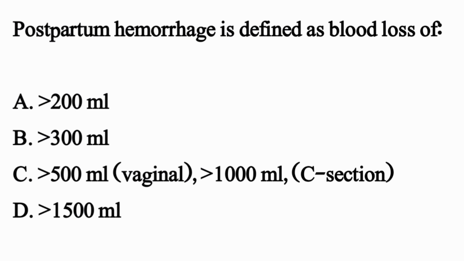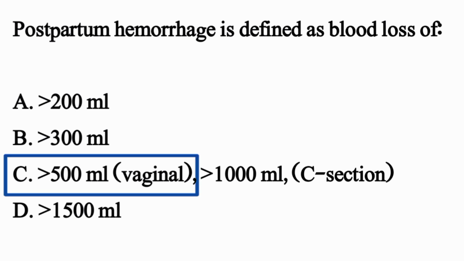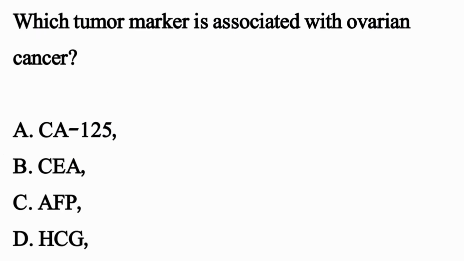Postpartum hemorrhage is defined as blood loss of. The right option is option C, 500 ml vaginal, 1000 ml C-section. Which tumor marker is associated with ovarian cancer?